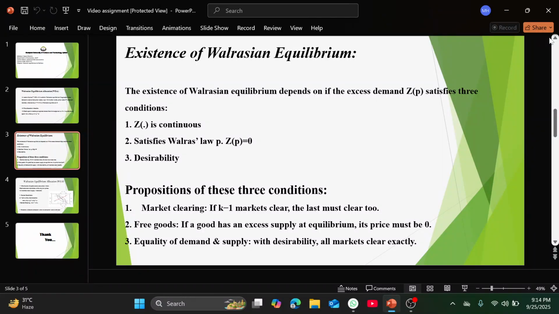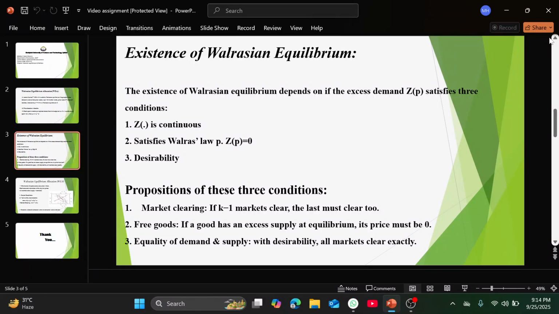Basically, in the free good case, if P star is a Walrasian equilibrium and Z of P star is less than or equal to 0, since prices are non-negative, P star times Z of P star equals the summation of Pi Zi. If some Zi is less than 0 and Pi is greater than 0, we would have P star Z of P star less than 0.